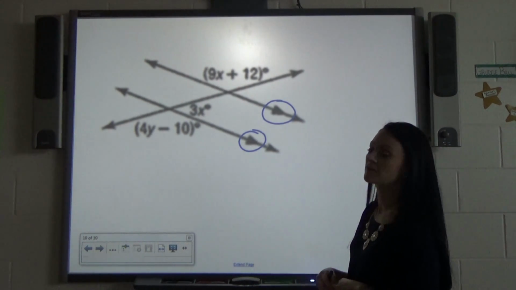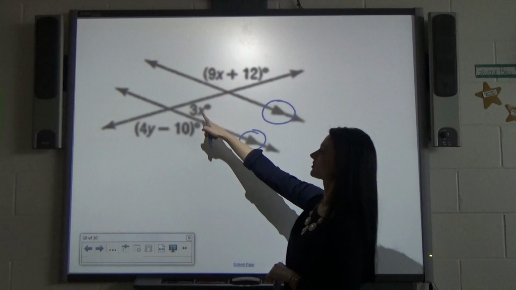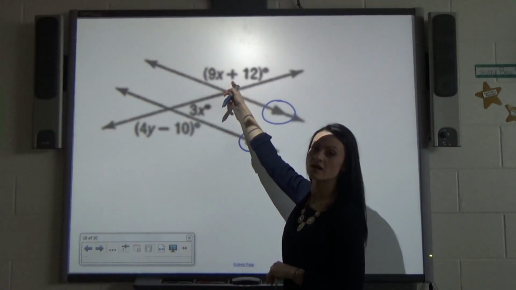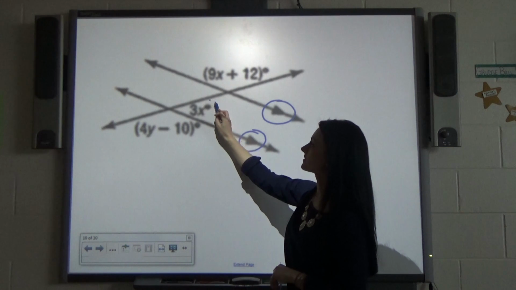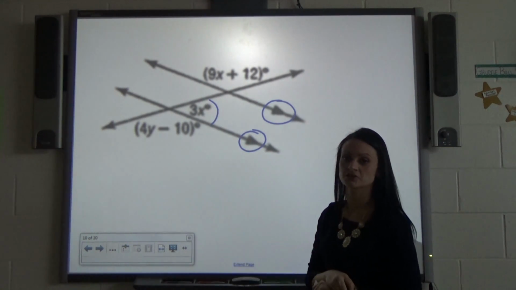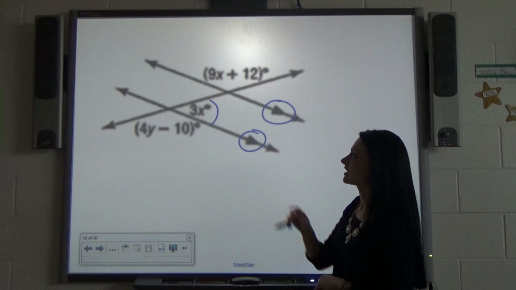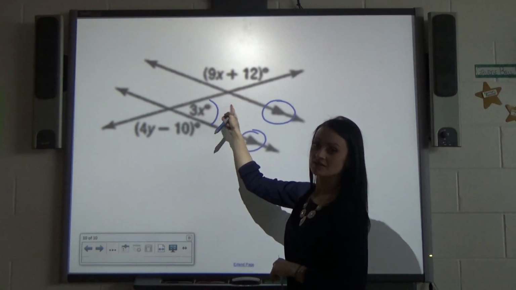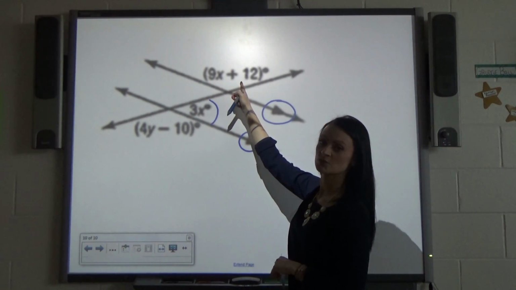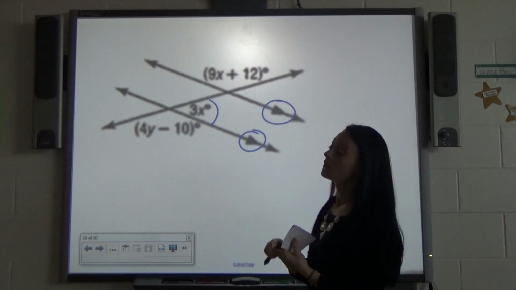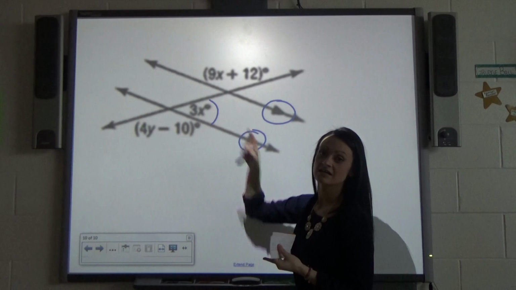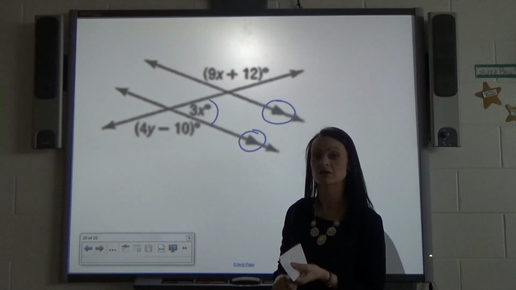So I'm going to figure out a way to get 3x and 9x plus 12 to be related to each other. If I look at where 3x is in this picture, if I want to find a way to get 3x up here to relate with 9x plus 12, I'm going to think about either a corresponding angle, or since this is inside, I'm going to think about alternate interior.